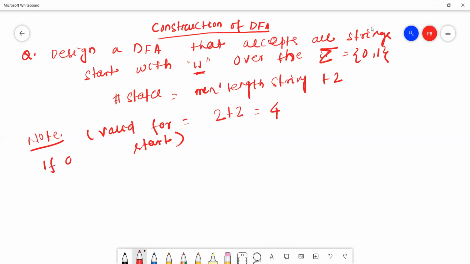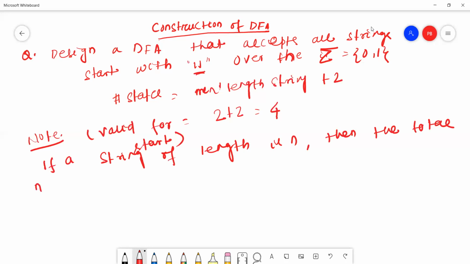If a string has length n, then the total number of states is equal to n plus 2. Hence it's valid only for starting. Valid here means the string will start with 1 1.